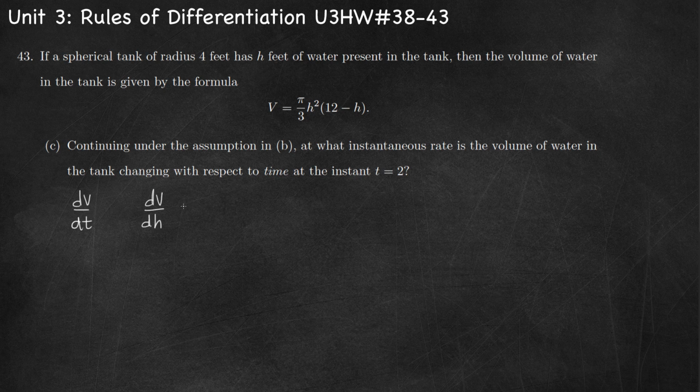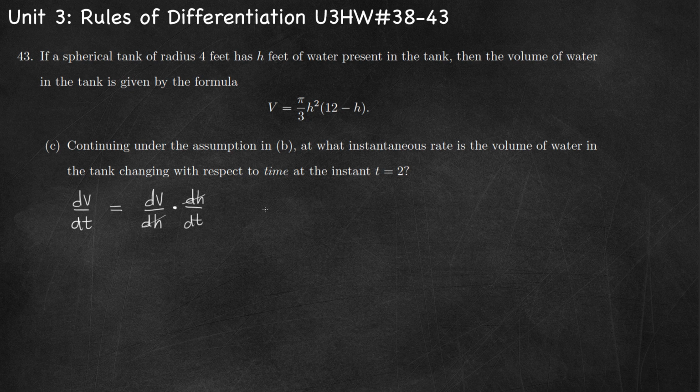And in part B, we found dh/dt, the change in height with respect to time. Notice if we multiply these together, the dh's will cancel out and leave us with dV/dt. So we just want to make sure we're finding these at that same moment in time, and then we can calculate dV/dt simply by multiplying dV/dh times dh/dt.